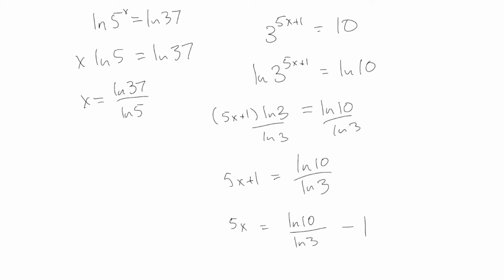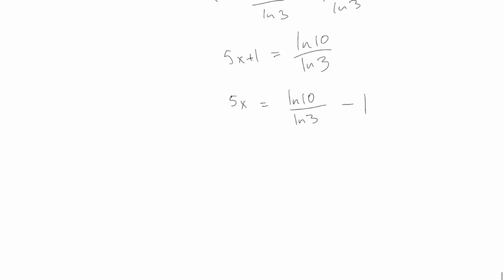And then divide by 5, and that's it. The answer looks kind of messy, but it is the natural log of 10 over the natural log of 3, minus 1, all divided by 5. How do you like that? Maybe not too much, but this is just a number. If you have a calculator, you could type this in, and whatever that is, that's what x is. All right, that's all.